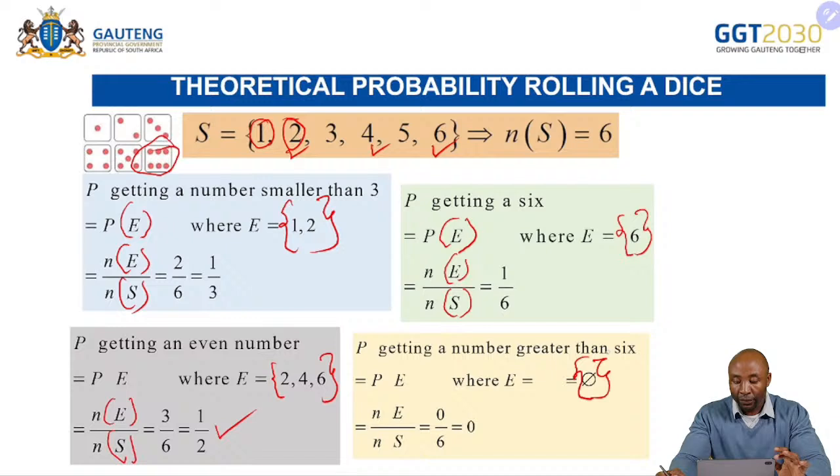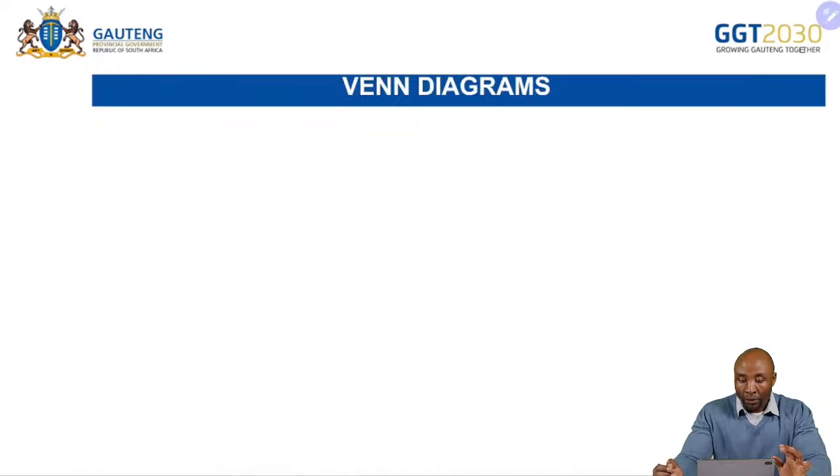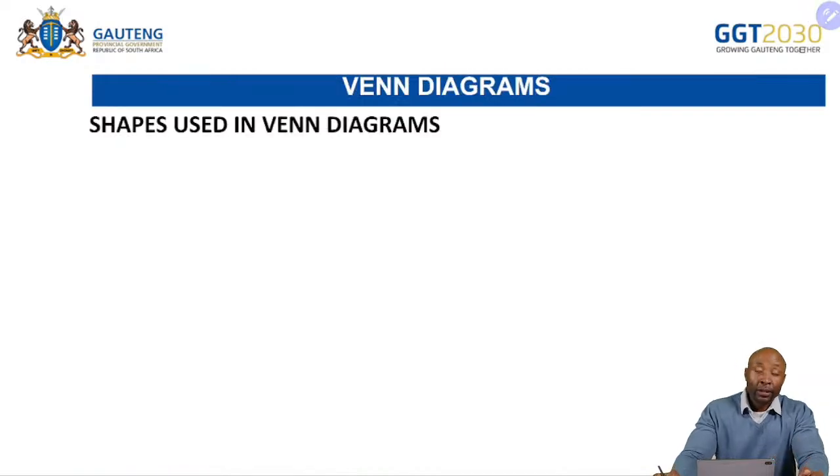That's the symbol for a null set. And because there is nothing in that set, it's 0 over 6, and that probability will be 0.